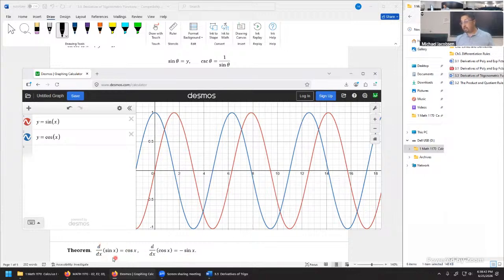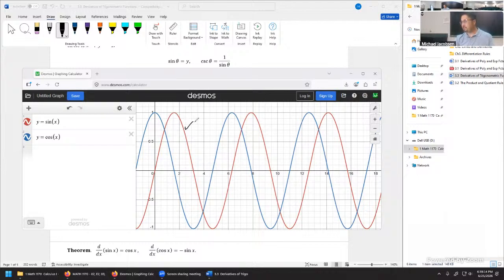Let's emphasize this one right here and see if we can see what's going on with that by analyzing it through the graph. The same kind of graphical analysis will help us see why the second formula is also true. I'll focus on this one here. When we look at these two curves, the one in red is the sine wave.